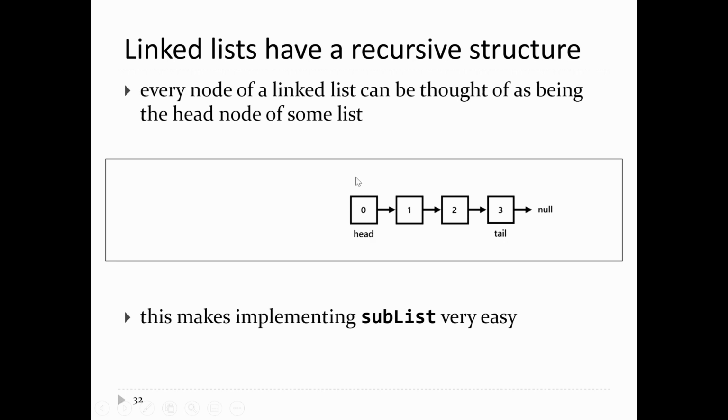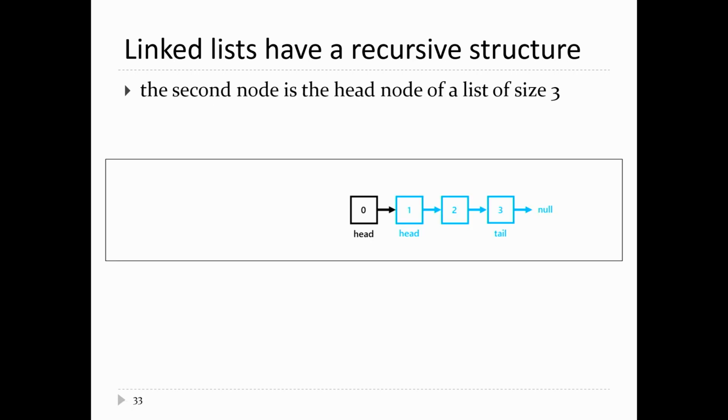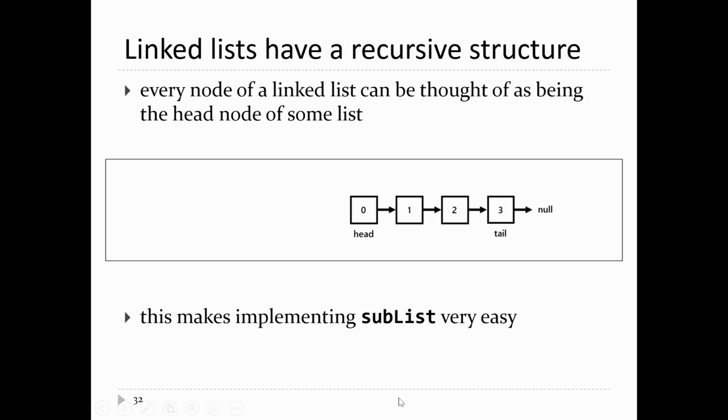So you can think of every node in this list as being the head of some other list. Do I actually have a picture of that? Yes, I do. So if you wanted to implement the sublist method that's in the list interface, this makes it very easy for linked lists.